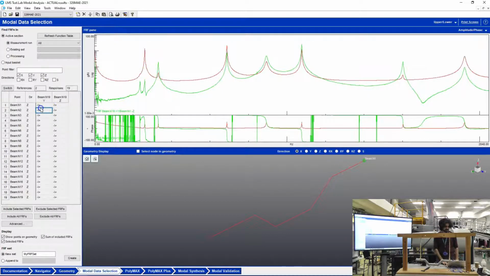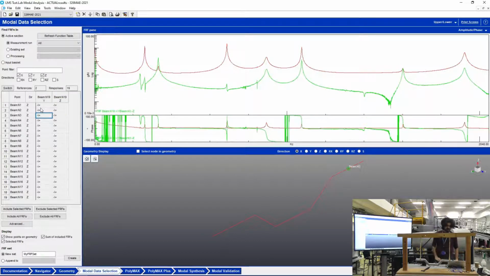So if I take just one frequency response function, you see here, this peak is very small. But in the sum, it looks very large, because it's summing all of these for all 38 curves. So this red curve gives you an indication on how many peaks you want to choose for your analysis.